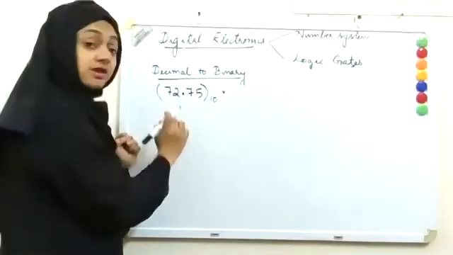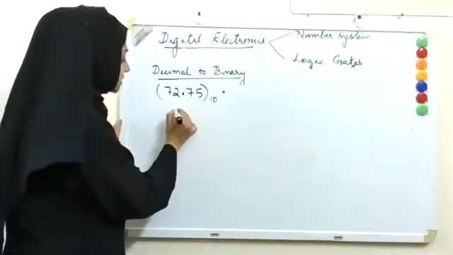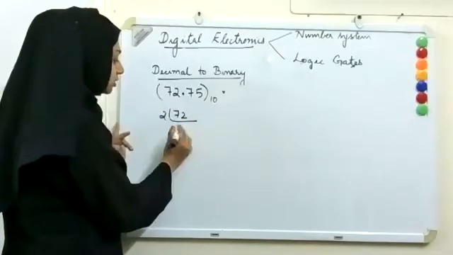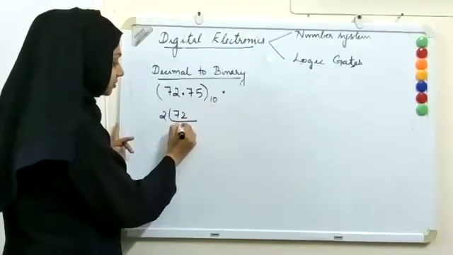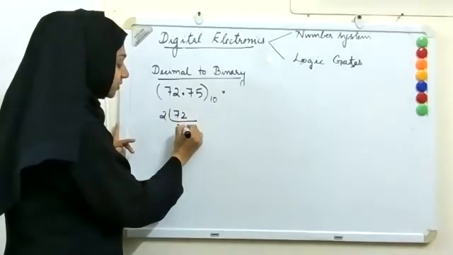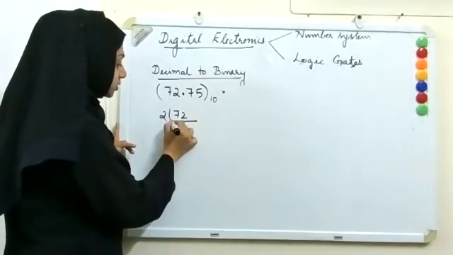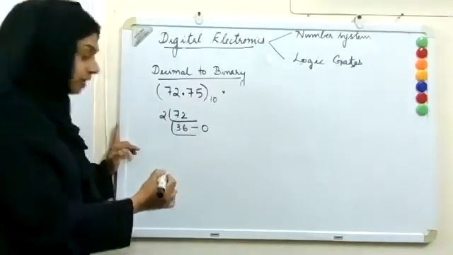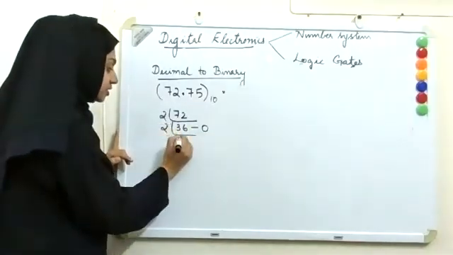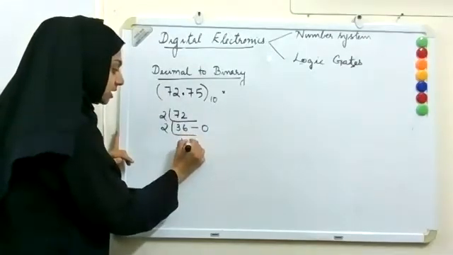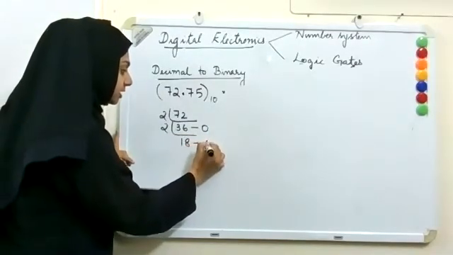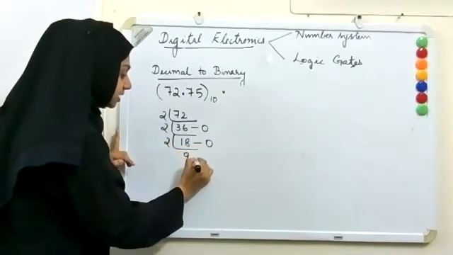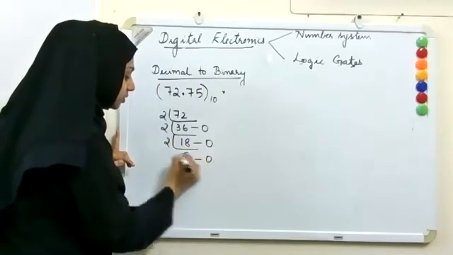So let me take 72. First, you have to divide 72 by 2. How much is 7 divided by 2? 3, 1 balance, 12 divided by 2, 6. So 36, remainder 0. Again divide by 2, 18, remainder 0. Again divide by 2, 9, remainder 0.